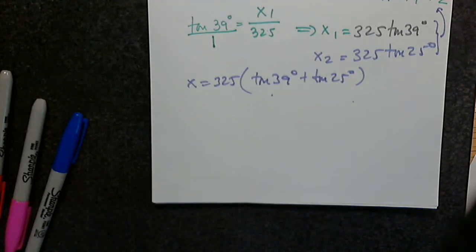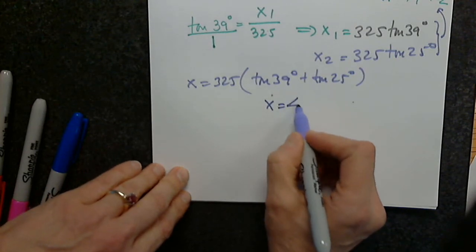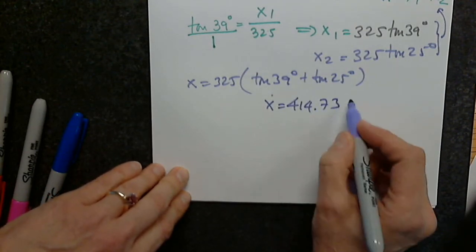Tangent is right here, 39, close the parenthesis, plus tangent 25, close the parenthesis and close the outside parenthesis. And I got the height of the tower. How tall is it? 414.73 feet.